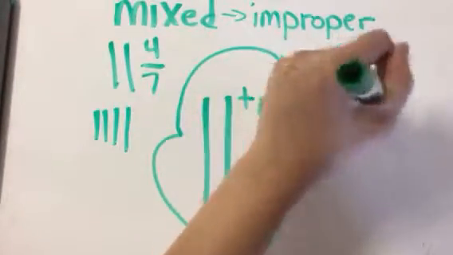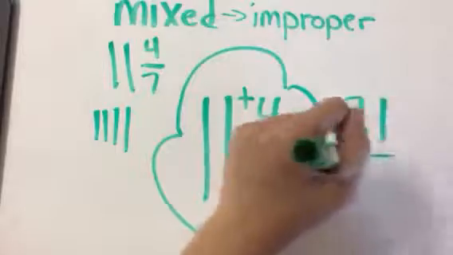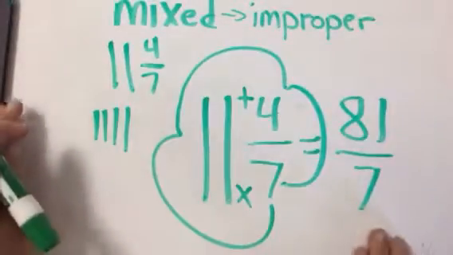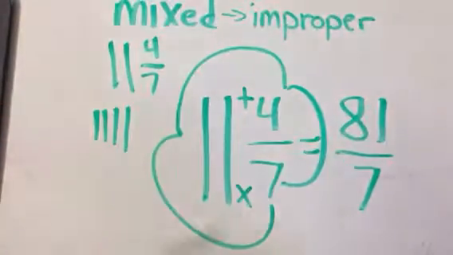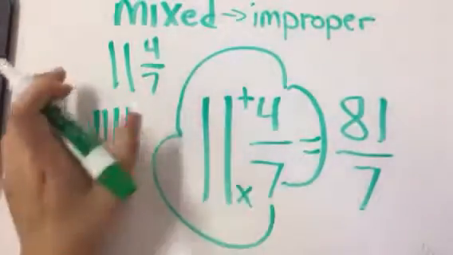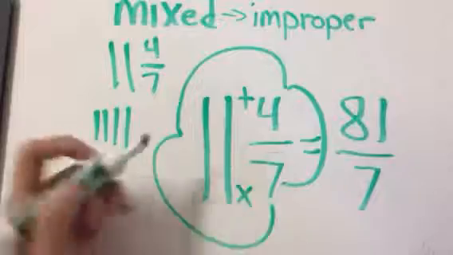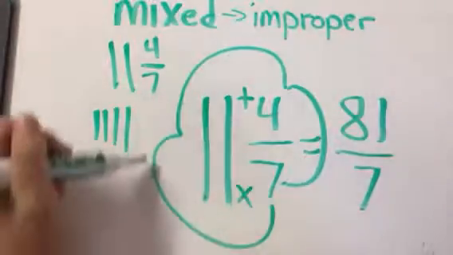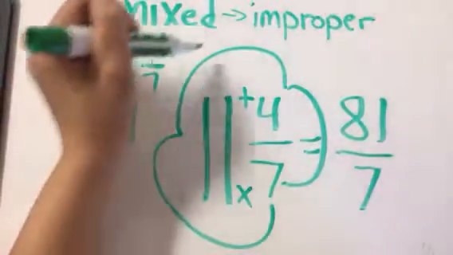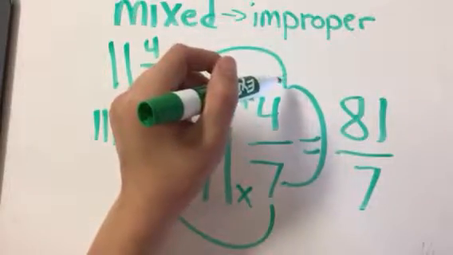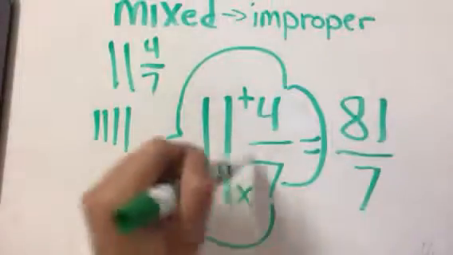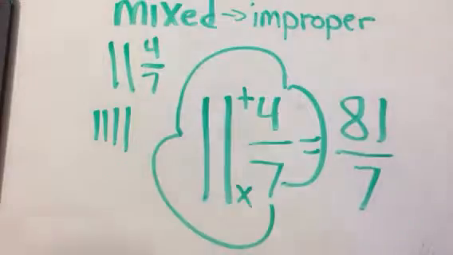And so we should have 81/7, which should be our answer. As you can see, that only took a few seconds, and so it's just a quick way to change from a mixed number into an improper fraction. By first multiplying your numbers, then adding them with a numerator, and then just sticking the denominator on the bottom where it should be.